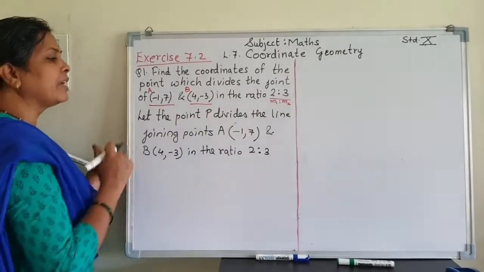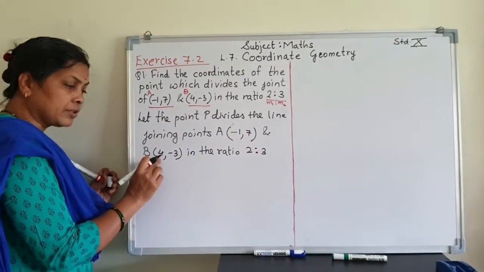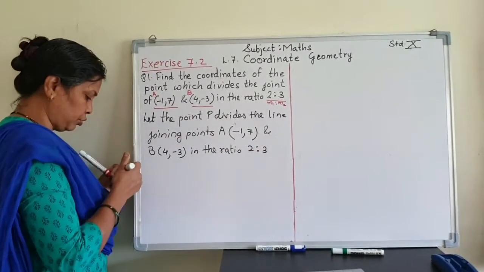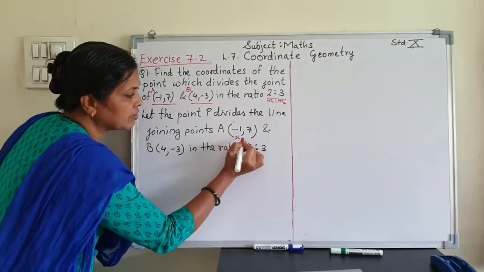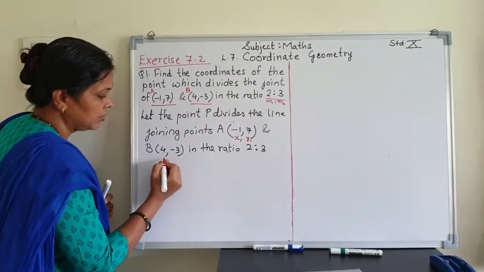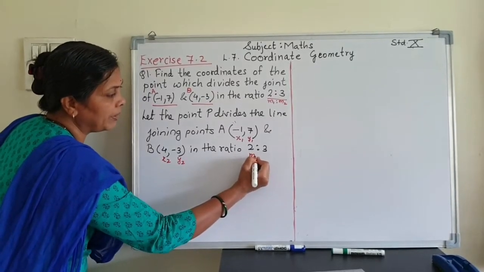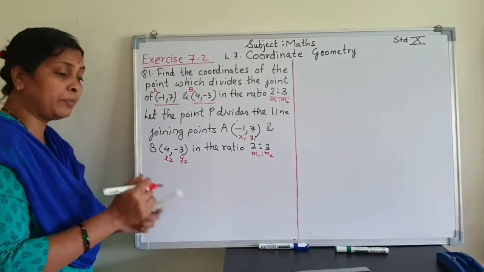Now from all these things we get x1, y1, x2, y2, M1:M2. So let's write over here: this is x1, y1, x2, y2, and this is already mentioned in the sum also, M1:M2.